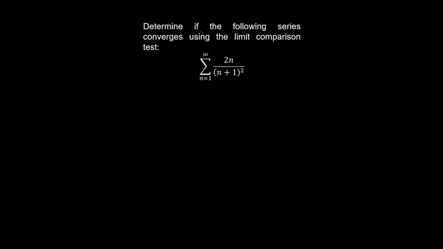Let's check if the following series converges by the limit comparison test. Well, for a large n, the n squared in the denominator dominates, so this becomes 2n on n squared, or 2 on n. So we choose this series to compare against.